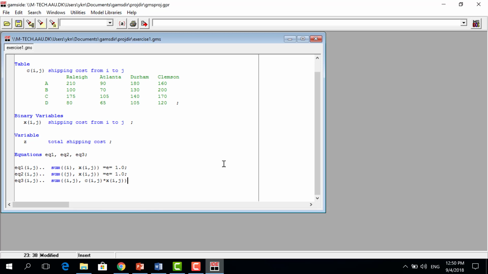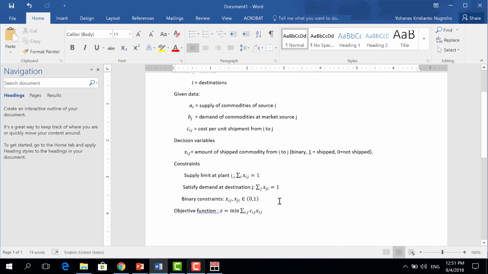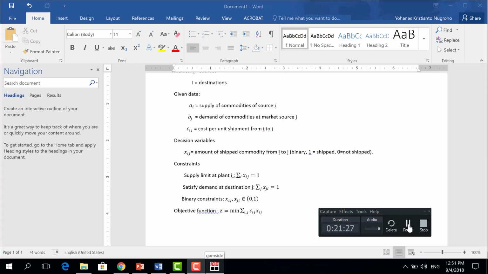We have to end this equation with a semicolon, because we have the total shipping cost variable as z. Then we put z equal to the sum of cij times xij.